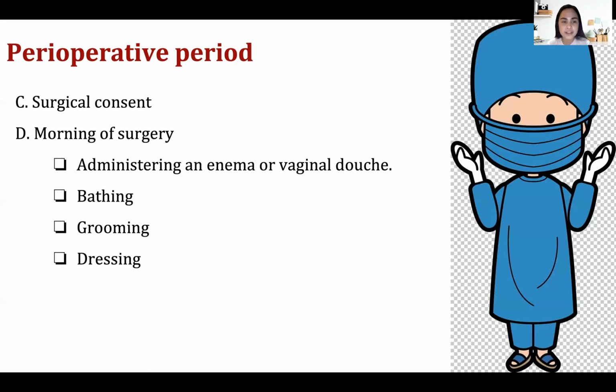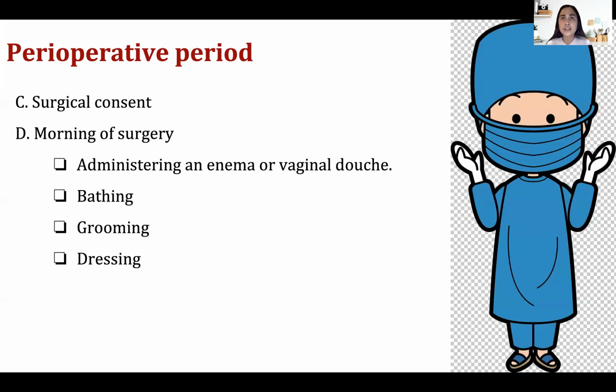Next, bathing. Bathing is very important for us to make sure of infection control. That is one of the infection control protocols, so the patient's skin will be clean. Next is grooming. We will change the patient's gown. It should be the operative gown.